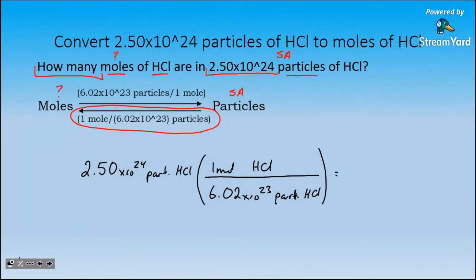Or 2.50 second comma to get the E button, 24, and then divide by 6.02 second comma to get the E button, 23, hit enter. Either way that you do this, you will get the same answer.